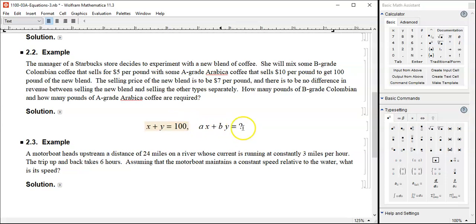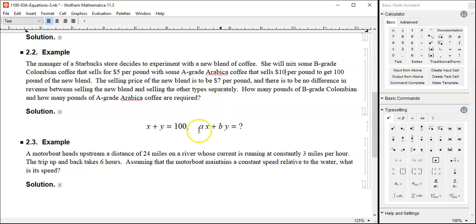And then how about ax plus by? What is that? Well, you have to look at the other units, I guess. In terms of pounds, it's x plus y, and all the others are about dollars. $5 per pound and $10 per pound. Which one goes to x and which one goes to y? $5 per pound, is that Arabica or is that Colombian? $10 per pound, is that Arabica or Colombian?